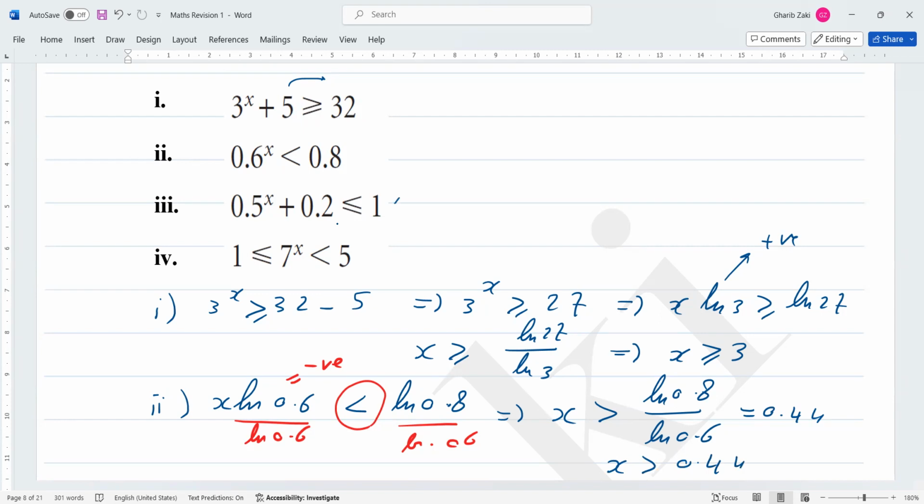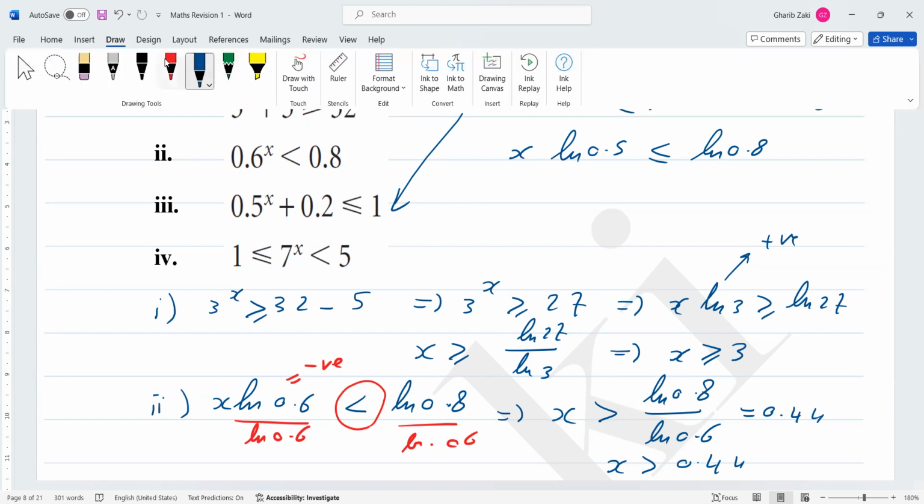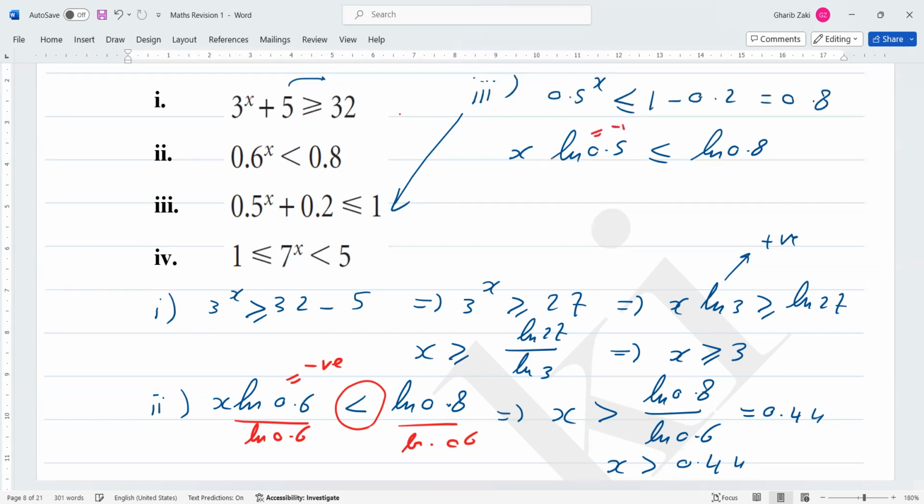Now, the same way I do the third part here. Take 1 to the other side, so 0.5 to the power x is less than or equal to 1 minus 0.2, which equals 0.8. Take ln of both sides, so x ln 0.5 is less than or equal to ln 0.8. The same, ln 0.5 is negative. So this ln is a negative value.